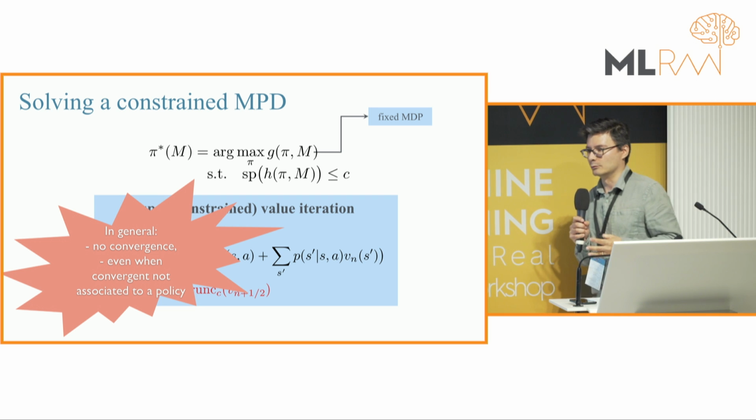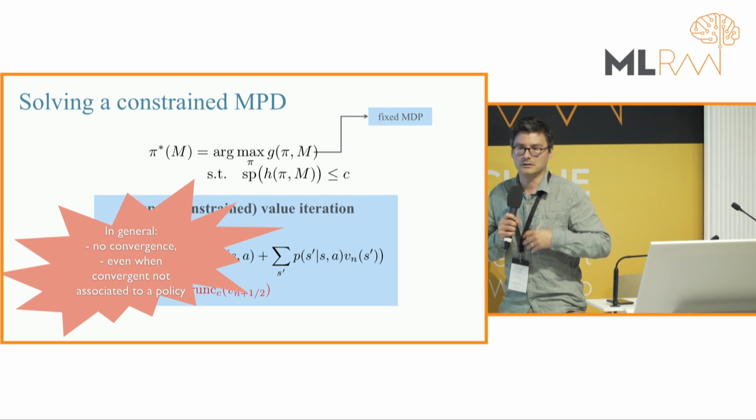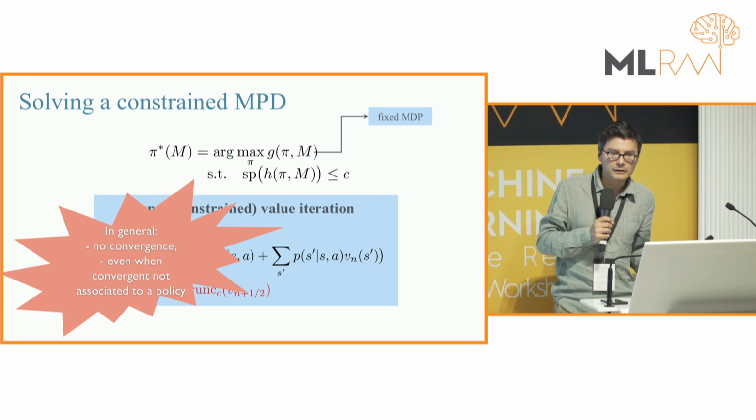And unfortunately, it doesn't work. This algorithm, in general, does not converge. And even when it converges, it might not give you the right policy as an output. So in general, this seems doomed to fail.